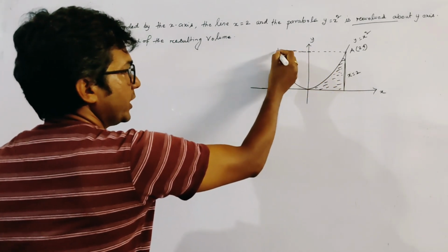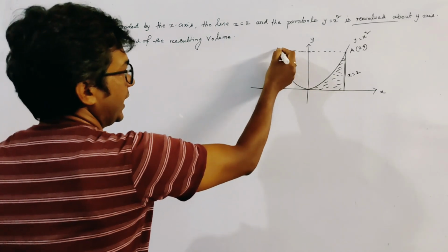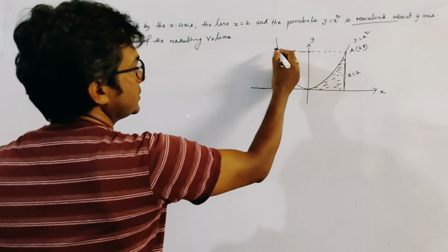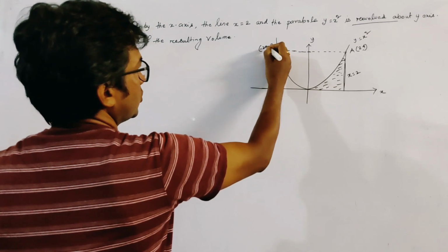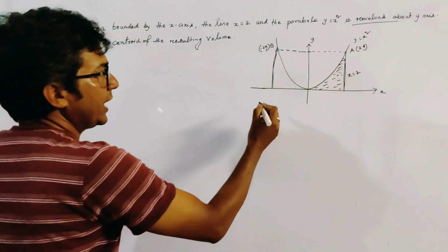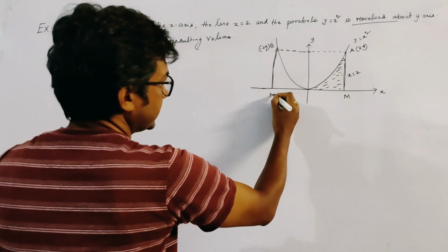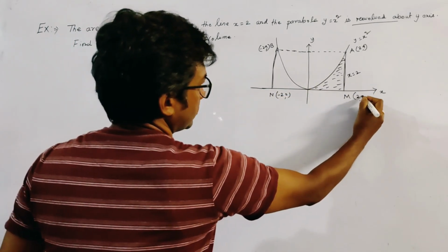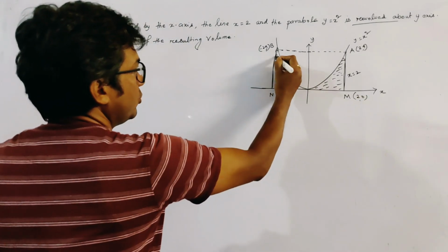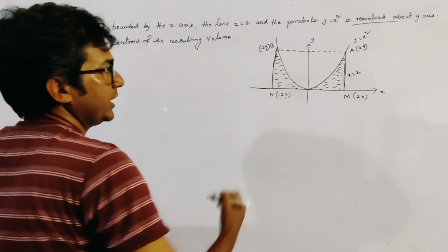Symmetric volume about the y-axis looks like this. We let this be B, which is (-2, 4). If we take this as M and this as N, then this is (-2, 0) and this is (2, 0). And the volume is this shaded area.